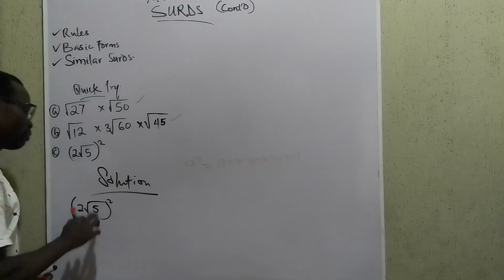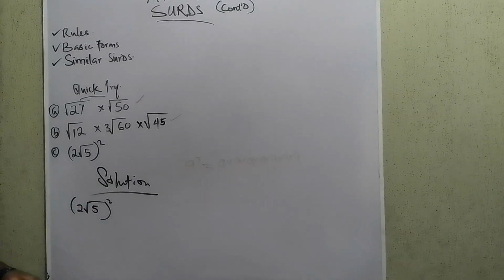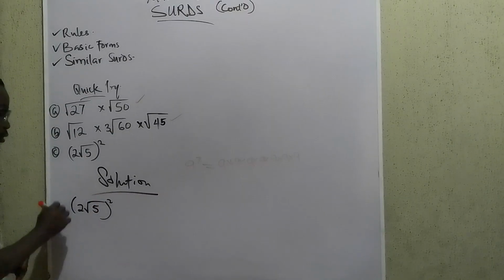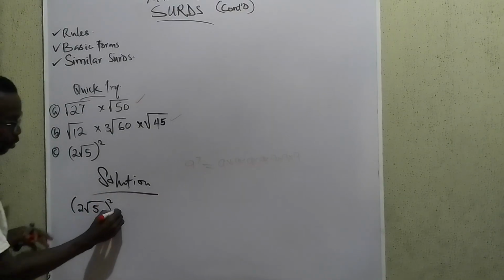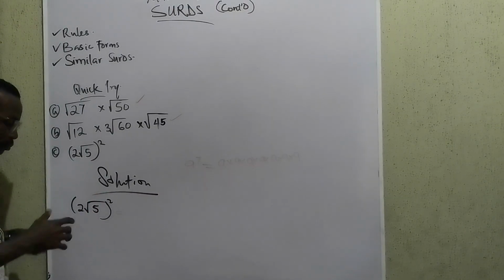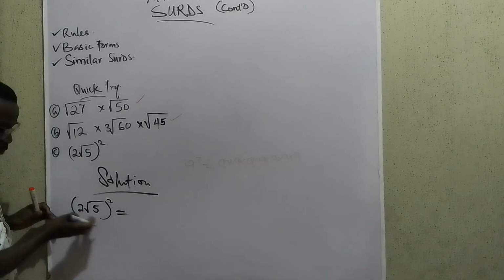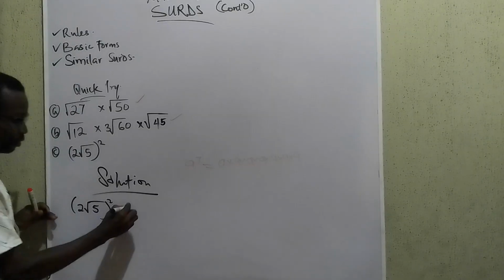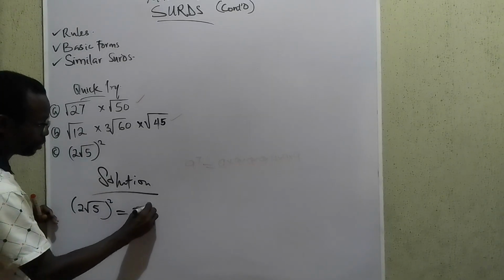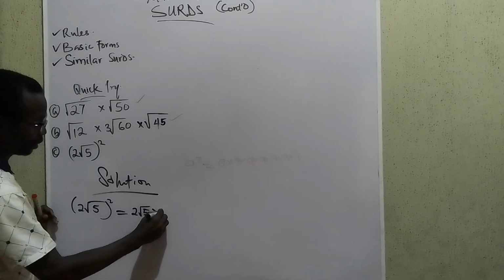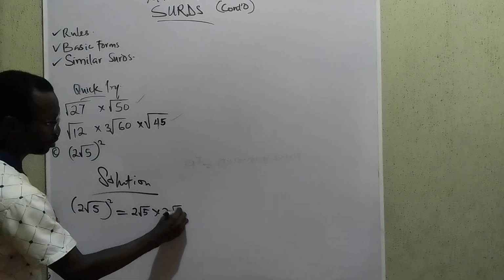So in the same vein, if you have this raised to the power of 2, you simply write this 2 different times. So I'm going to solve this in 2 different ways. What this means is, write this particular item twice. It means write 2 root 5 times 2 root 5.